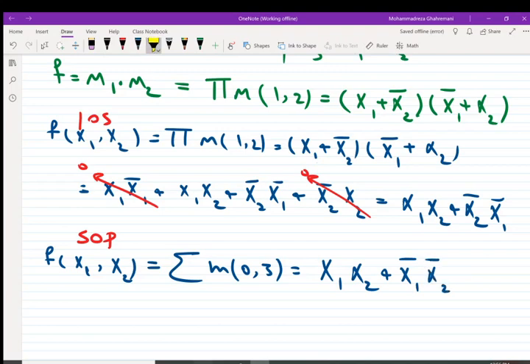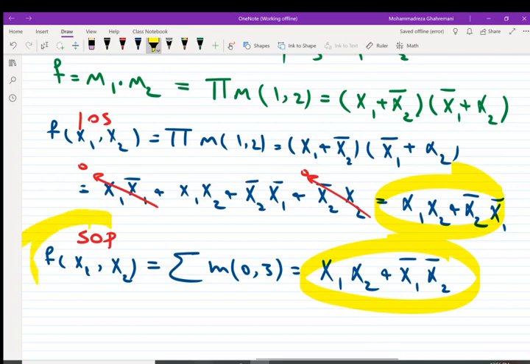If we look, we see that this one is exactly the same. So sum of product representation is exactly the same as product of sum representation.